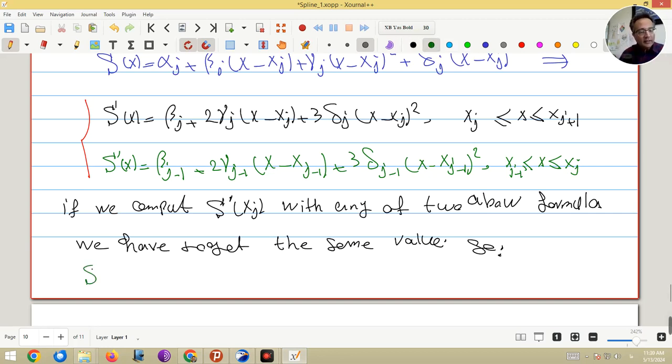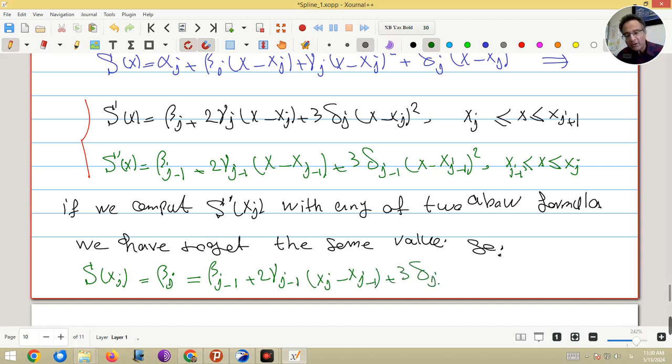Look at here. S prime of xj here equals this term, and this term vanishes and just remains this term, equal to beta j, and we know this should be equal to the value of s prime of x if I use this equation. So it should be equal to beta j minus 1 plus 2 gamma j minus 1 times xj minus 1 plus 3 delta j minus 1 times xj minus 1 squared.